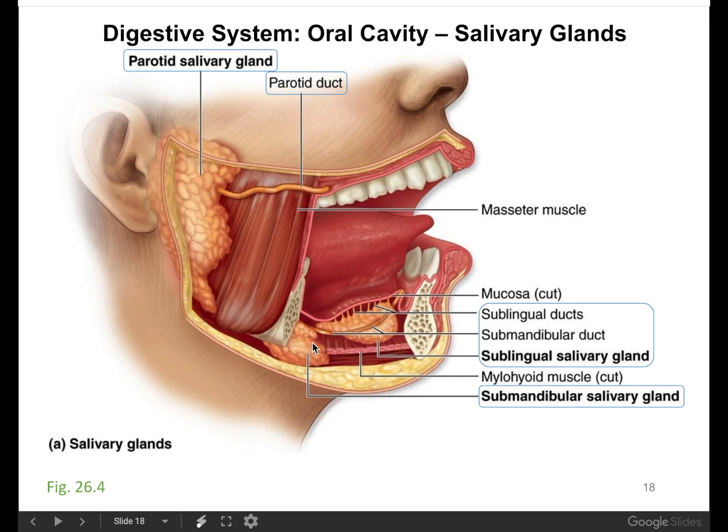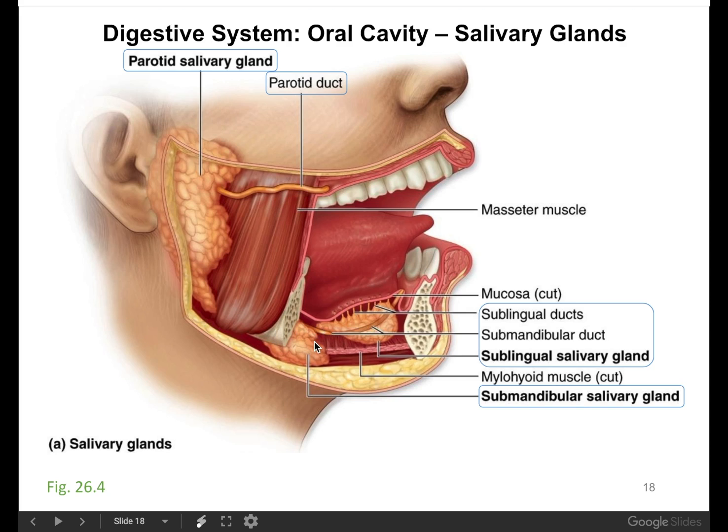And then you have a sublingual salivary gland that is below your tongue, kind of behind your teeth, and it has little ducts that come up through the bottom of your mouth. And then we have the submandibular salivary gland. This one is deep, kind of near where the hyoid bone is. If you look deep up into the throat from a posterior view on the cadavers, sometimes we've got this one dissected out.